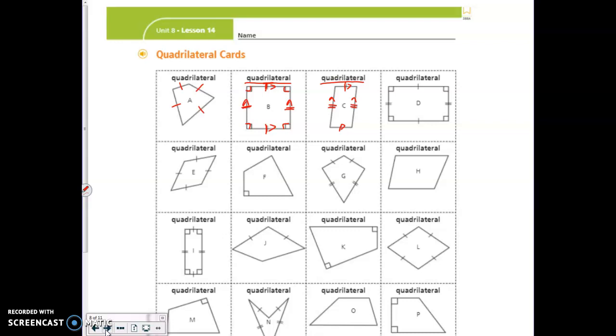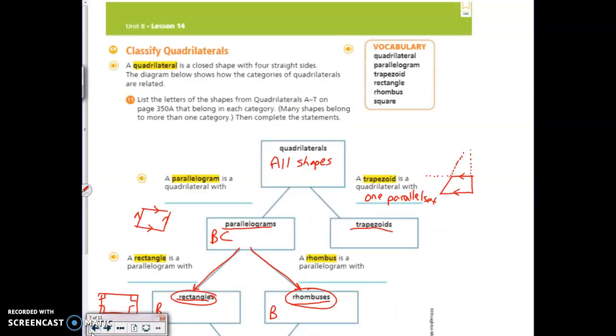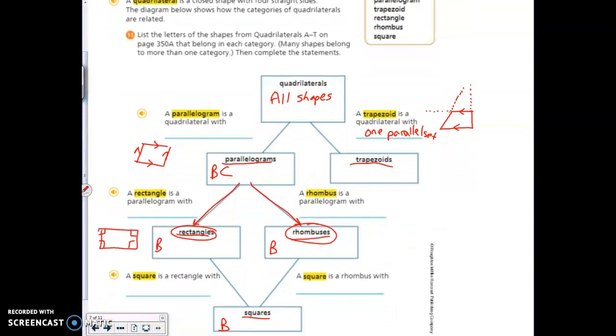I don't see any right angle symbols in this shape. So we are done classifying shape C as simply a parallelogram, and the only category that it belongs to other than the quadrilateral category would be the parallelogram category. It does not belong as either a rectangle or a rhombus, so we can stop at parallelogram.